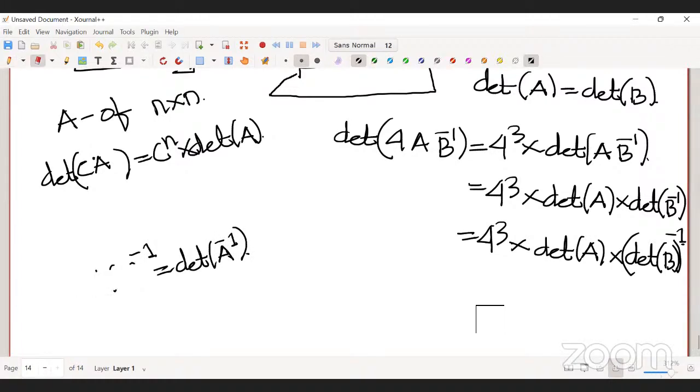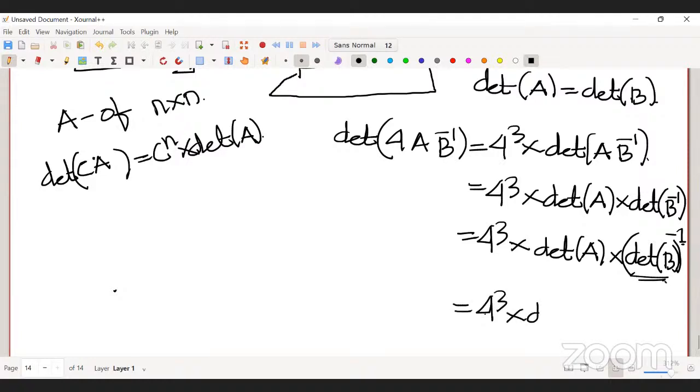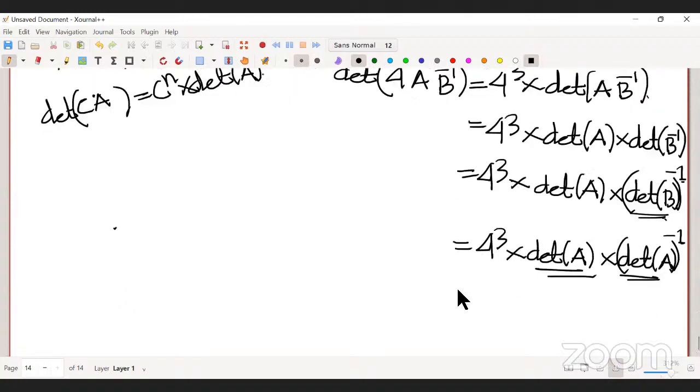I'm using that property over here. And one more thing, I know that the determinant of A is the same as the determinant of B. So 4 power 3 times the determinant of A into the determinant of A inverse, so this and this cancel each other. Eventually you get 4 power 3.